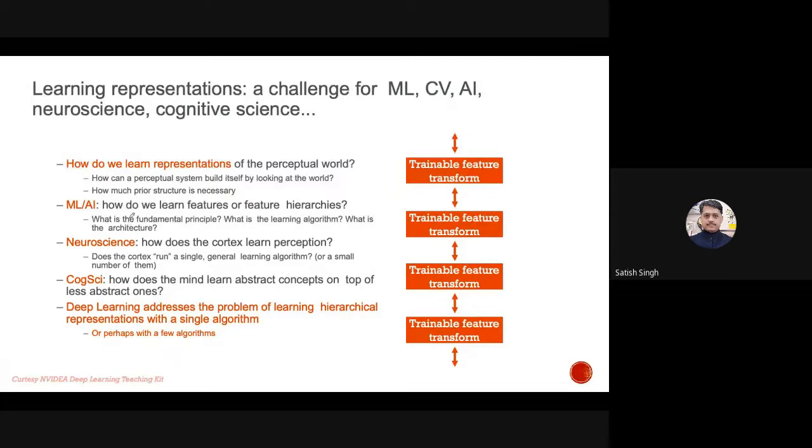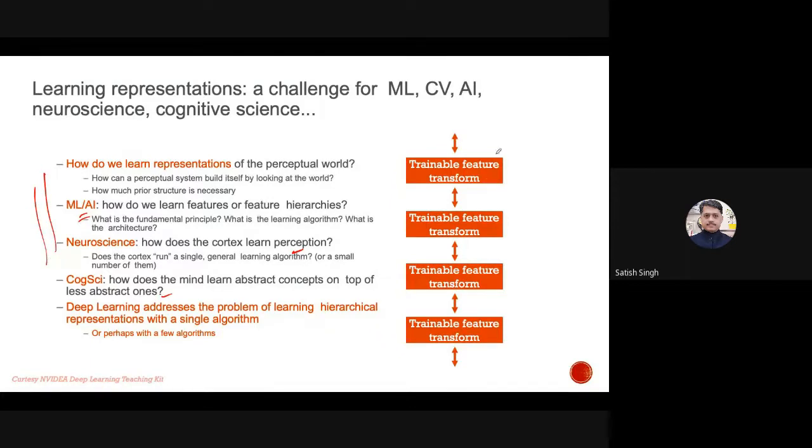In ML and AI, how do we learn features or feature hierarchies? In neuroscience, how does the cortex learn perception? In cognitive science, how does the mind learn abstract concepts on top of less abstract ones? So basically these things are interrelated.